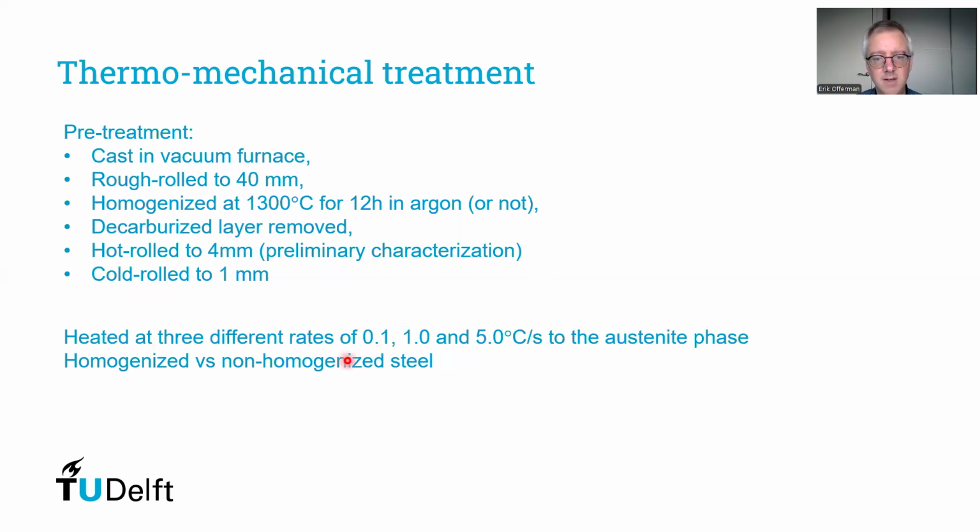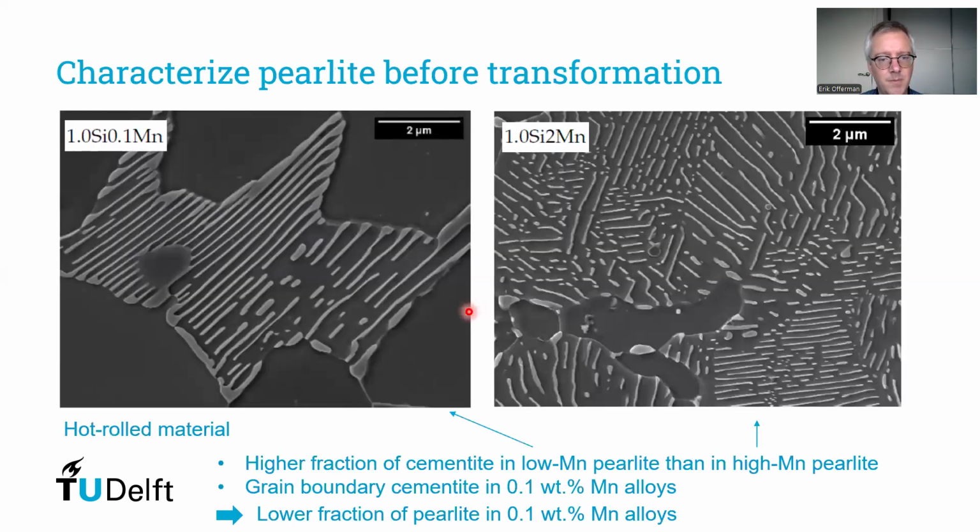Then it was heated at 3 different rates, 0.1, 1, and 5 degrees per second, and we looked at homogenized versus non-homogenized. In this presentation, I will focus only on the slowest heating rate and on the homogenized material and the 2 manganese steels.